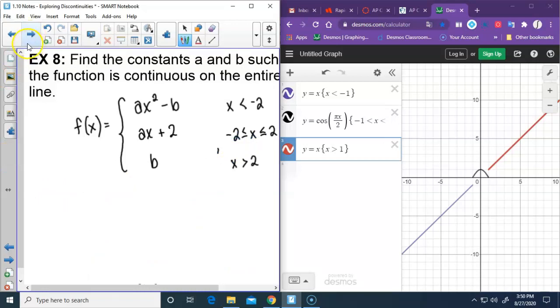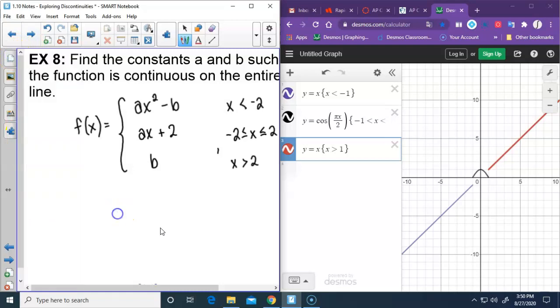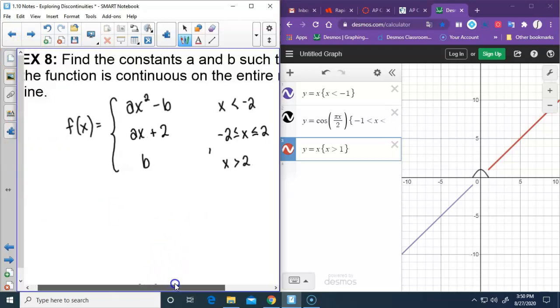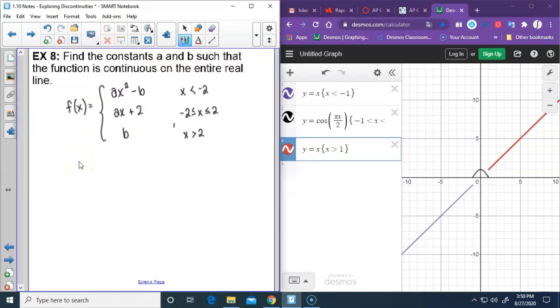All right, I think this is our last one here. Yep. So this is one more type of problem that you'll see fairly often. We've got a piecewise function, and we're supposed to find the constants a and b such that the function is continuous on the entire real line.